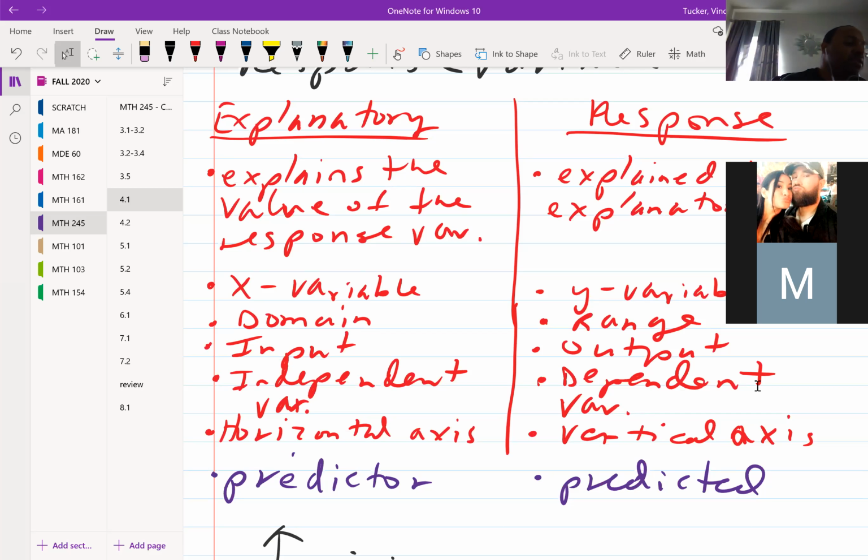Your explanatory variable is your X, response is your Y, so that should be more familiar. That means it's your domain, your input, your independent variable, horizontal axis, and then your response is your Y, range, output, dependent, and your vertical axis.